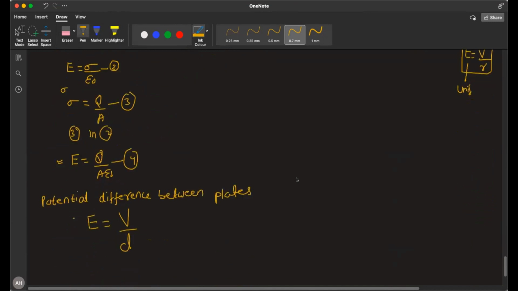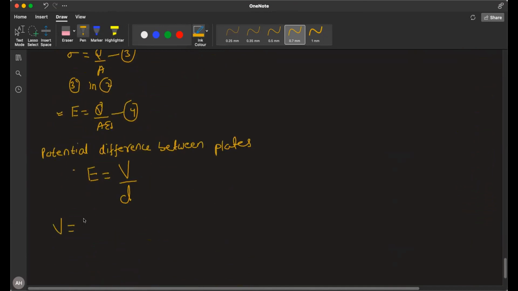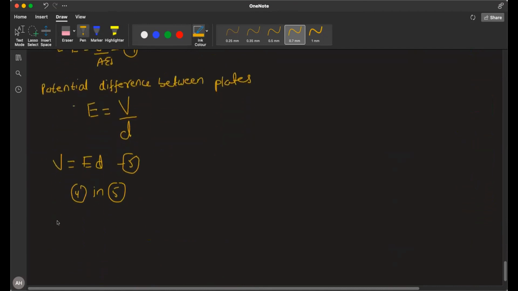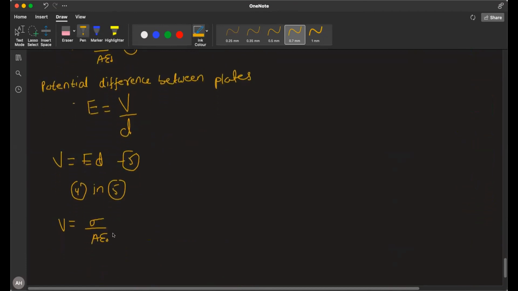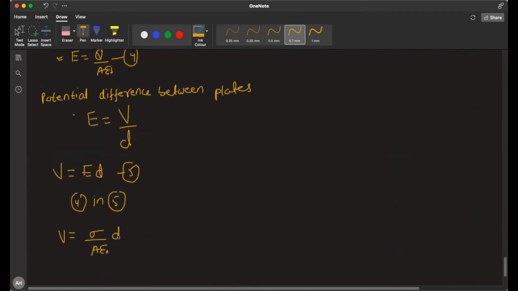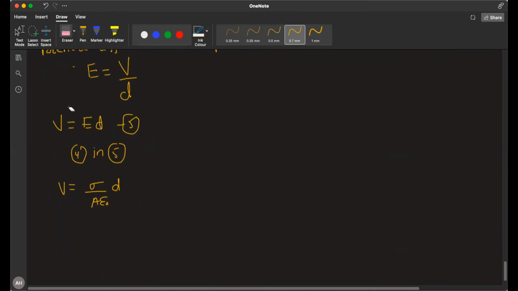So V will be E into D. That's equation number 5. Now if I substitute 4 and 5, I get V is sigma over epsilon naught into D, where E is Q by A epsilon naught.